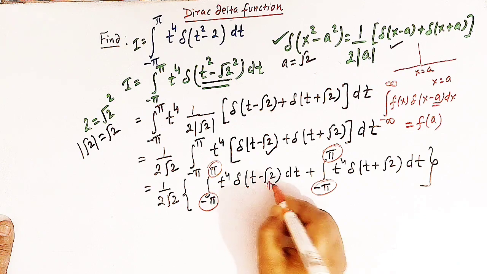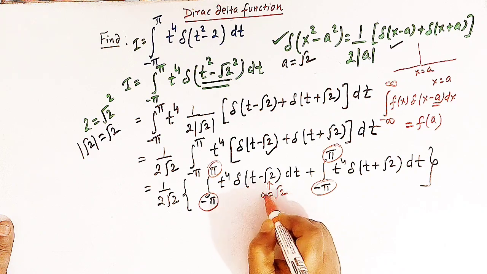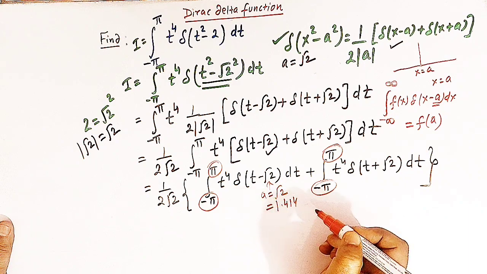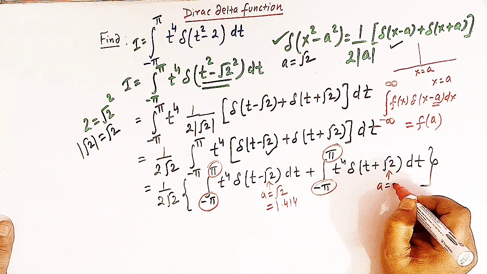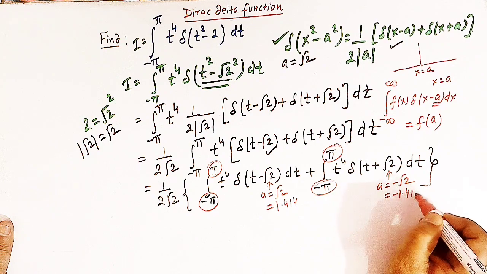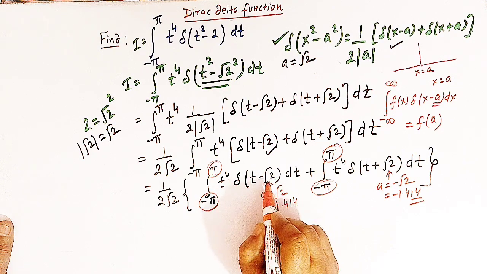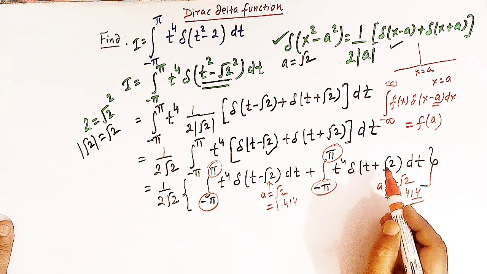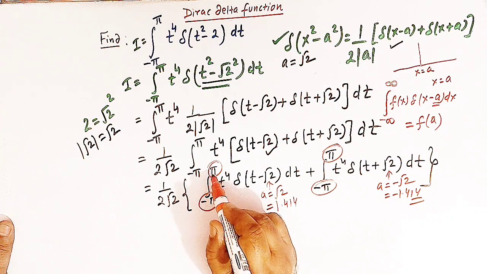So here the value of this a is square root of 2, that is approximately 1.414, right? And here the value of a is given by negative square root of 2, and this is minus 1.414, and we can easily see that these two numbers, that is square root of 2 and minus square root of 2, fall within these bounds, that is minus pi and pi, right?